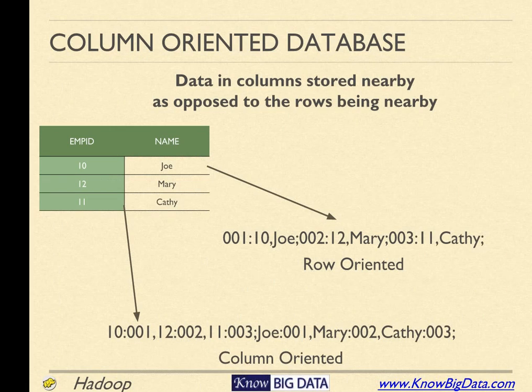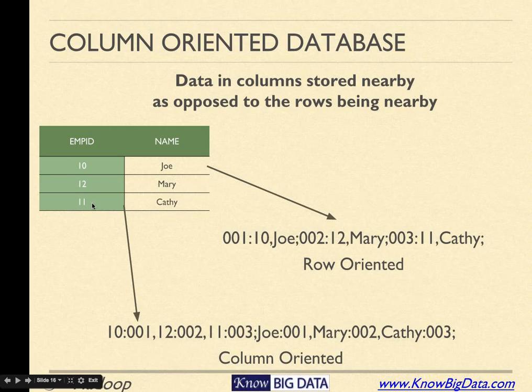Next thing which we need to understand before we move forward to NoSQLs or to HBase is what exactly is a column-oriented database. A column-oriented database stores the data of columns nearby, as opposed to the data in rows. What does it mean? If you have seen a CSV file, the way it stores data, first imagine that this Excel sheet is being stored as a CSV file. In a CSV file, how will we store data? 10, comma, Joe, new line, 12, comma, Mary, new line, 11, comma, Kathy.